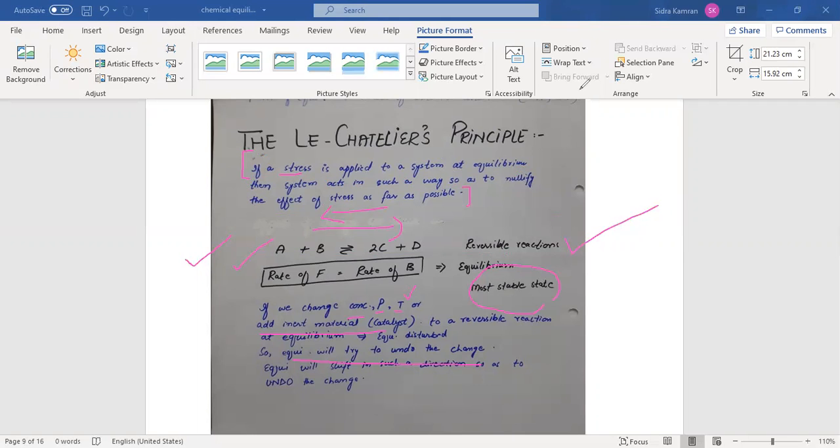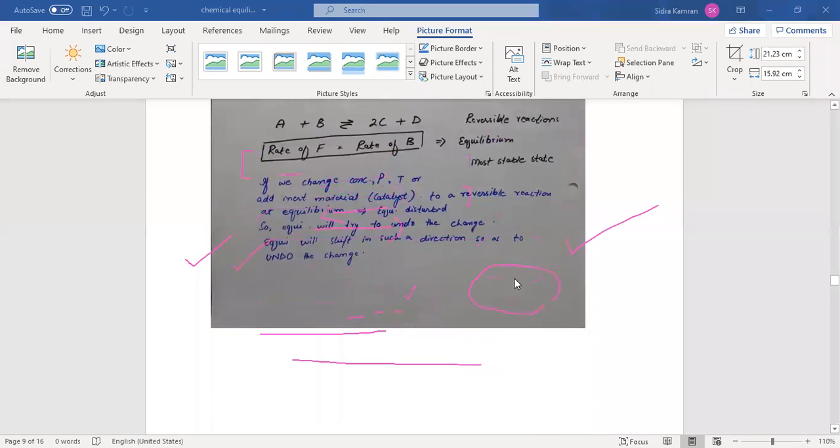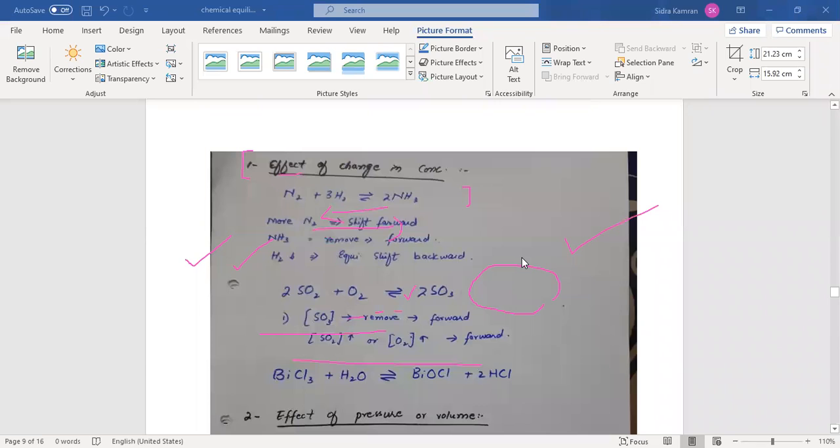Let's talk about the conditions one by one. The first condition affecting the equilibrium is concentration. If we change the concentration, how will it affect the equilibrium?